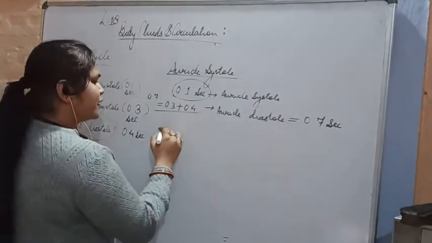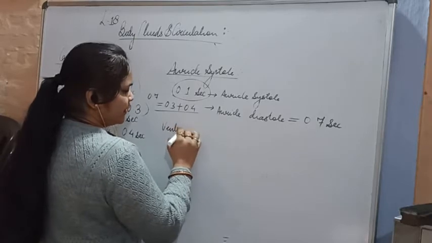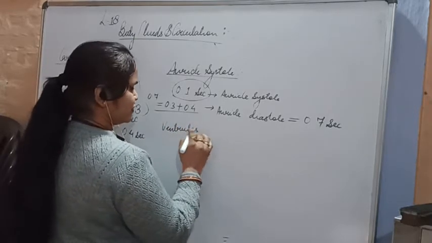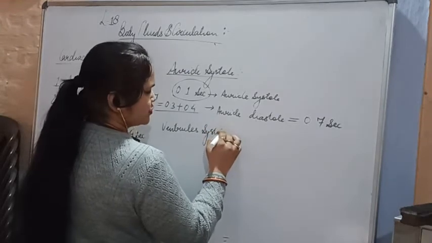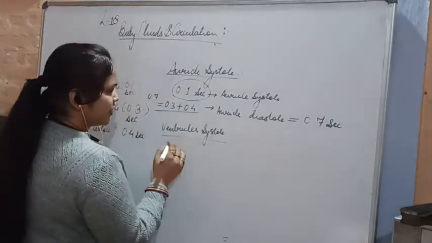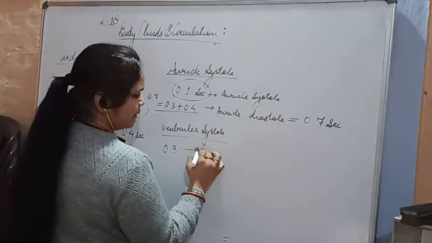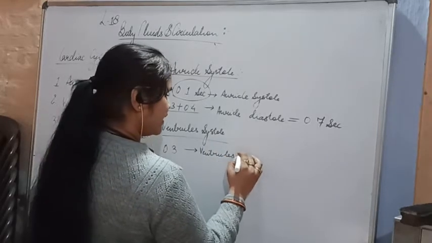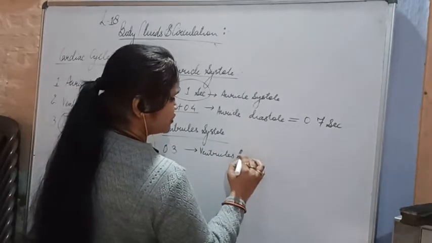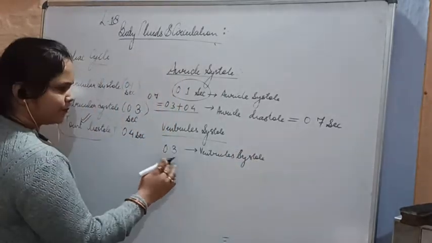Same thing we can do for the ventricles also. Ventricular systole will be just the opposite. The ventricles will be contracted for 0.3 seconds.